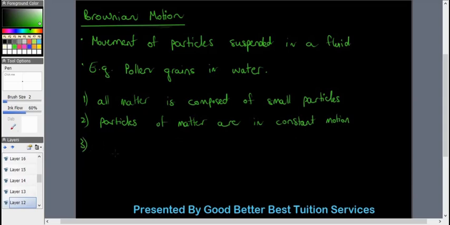All collisions between the particles of matter are perfectly elastic. And number 4, they move in a straight line.